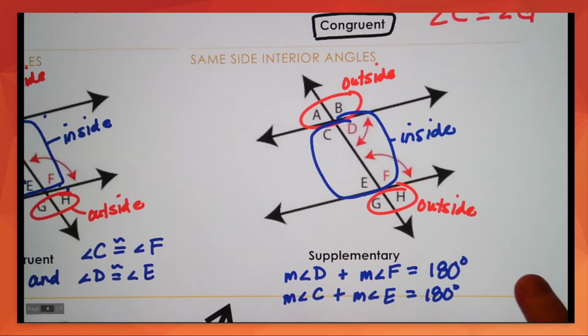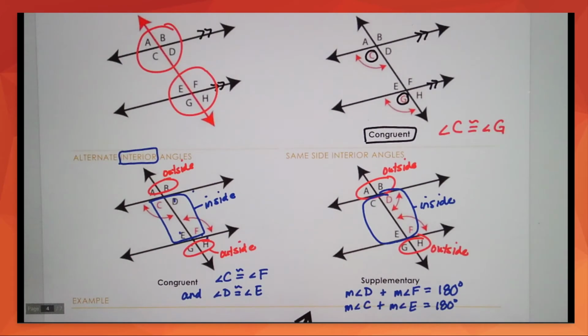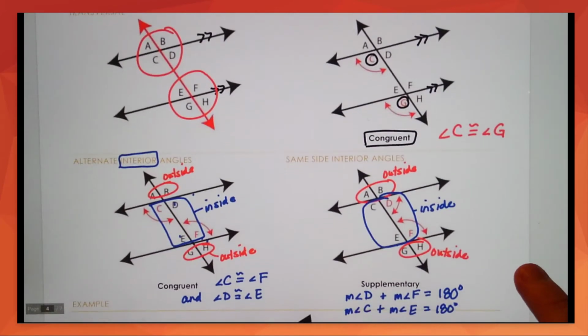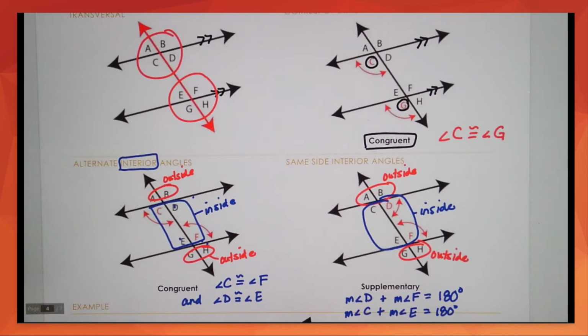That's all the things you need to know about parallel lines being cut by a transversal and the different conclusions that you can come to in terms of how you can find different measurements: what's congruent, what's supplementary, what's 90 degrees, what corresponding means, what alternate interior means, etc. Something has to be one of these situations, corresponding, alternate, or same side interior, for you to get to the next conclusion, which is they're congruent or supplementary.